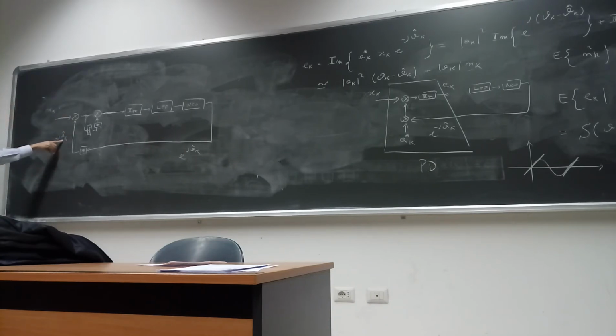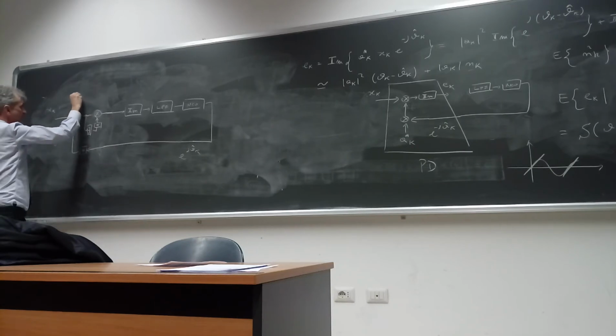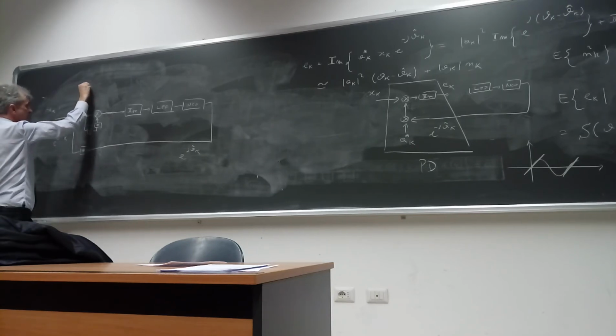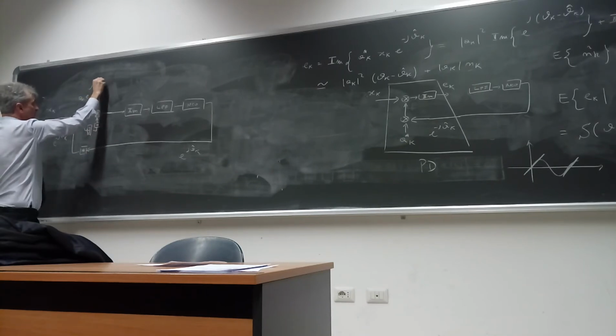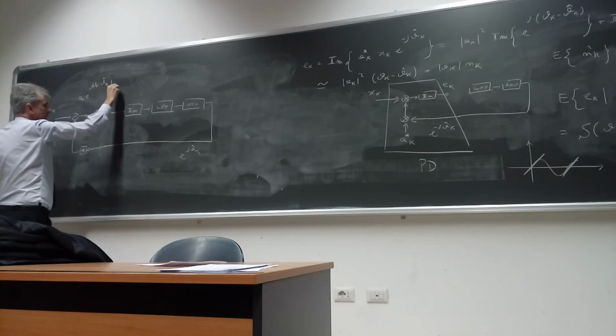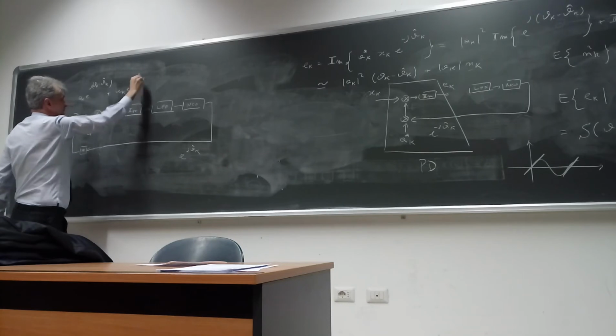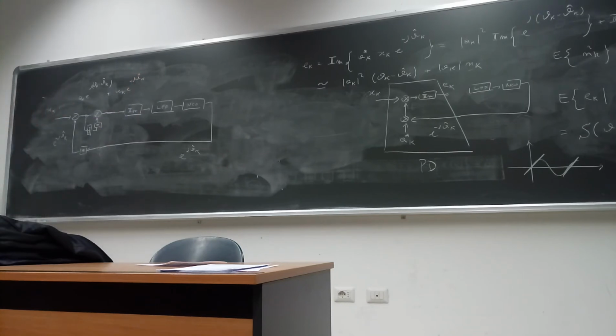Demodulate with the estimated phase. Here you will have A times the phase difference plus the noise rotated. So you can take a decision at this point.